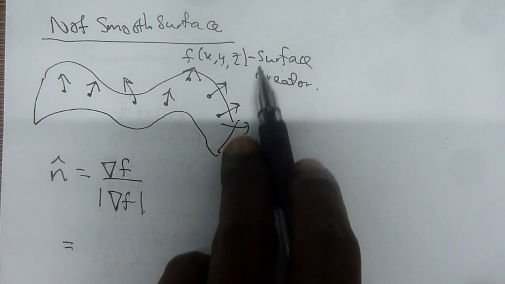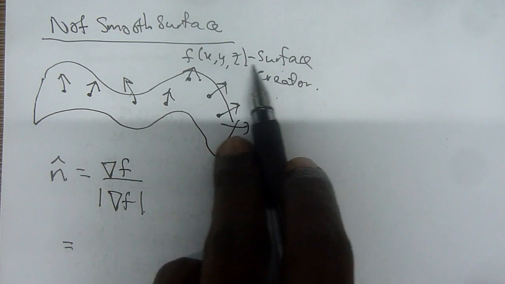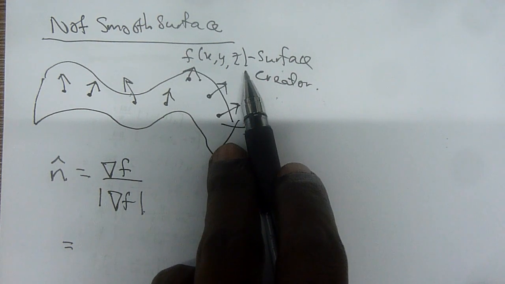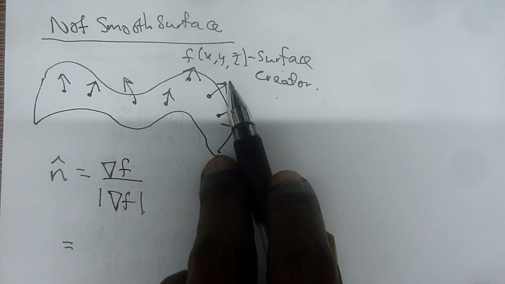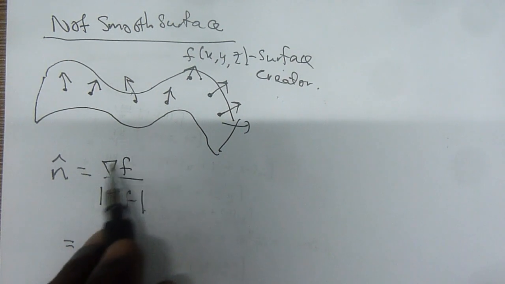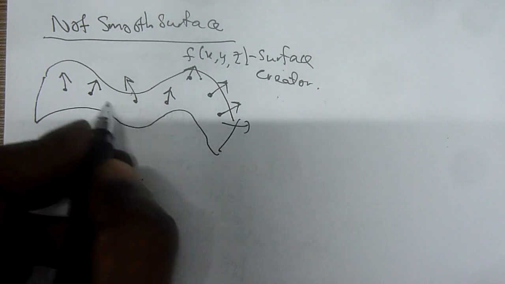But the first question, is it a vector? No, right? It's not a vector, it's a scalar. Now in this particular scalar, we combine this, then only it becomes a vector.